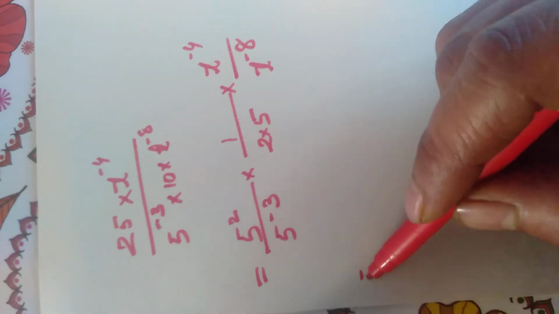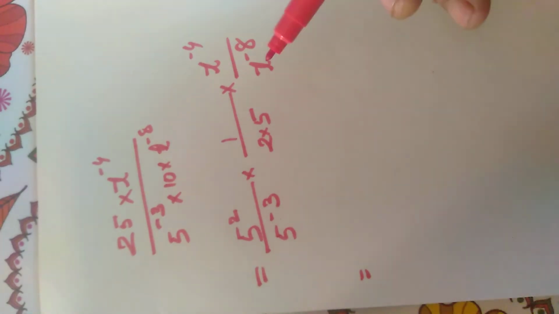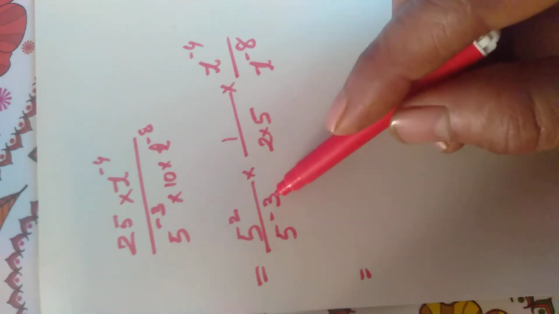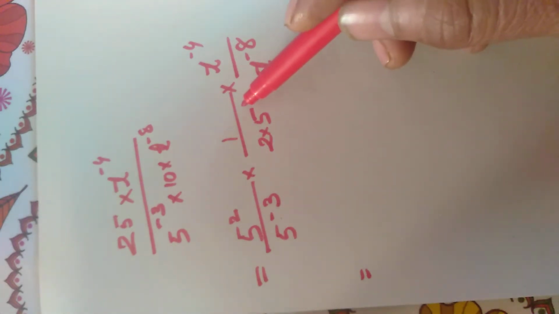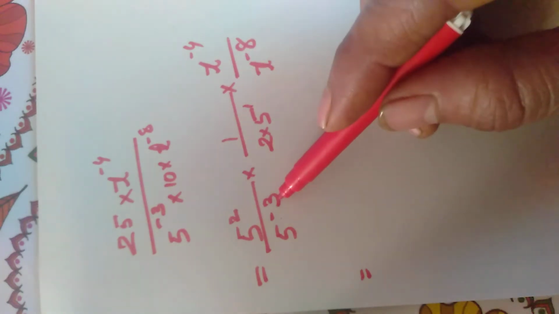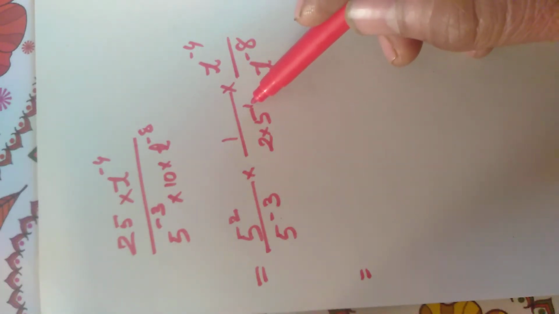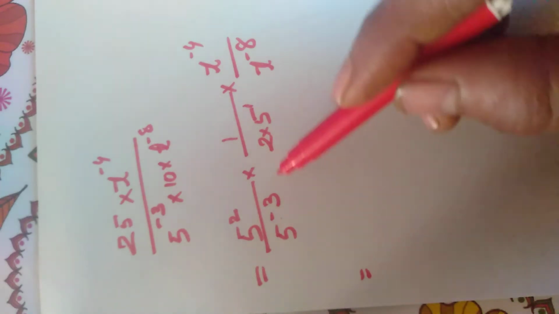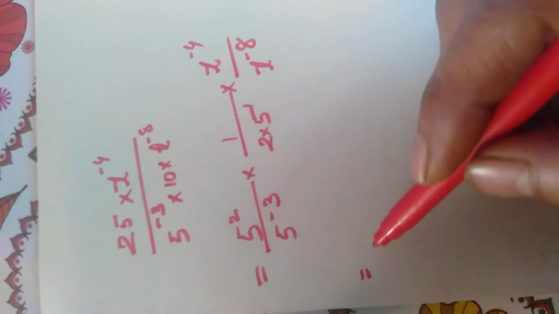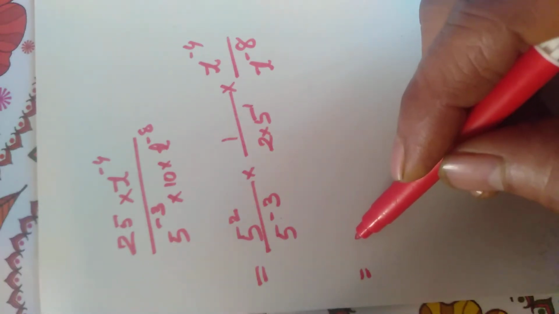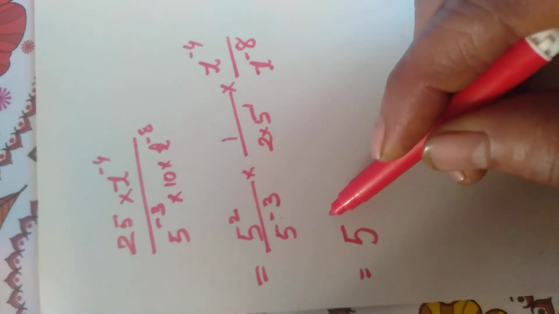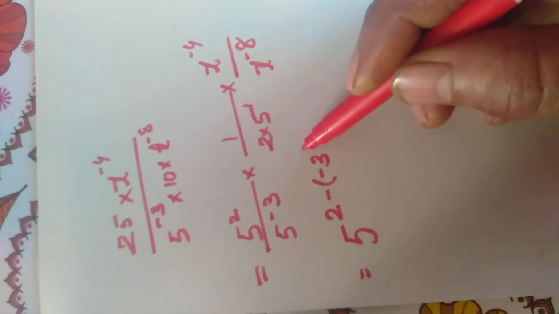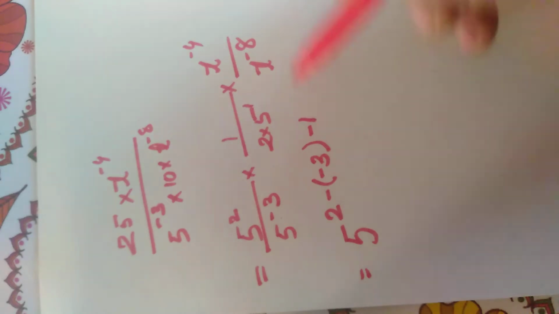So solving this 5, now here you can just cancel also. 5 to the power minus 3 is there and 5 to the power 1 we can write. So minus 3 plus 1, as these two are in multiplication, and in multiplication power gets added up. So you can write this as 5 to the power 2 minus 3 minus 1.